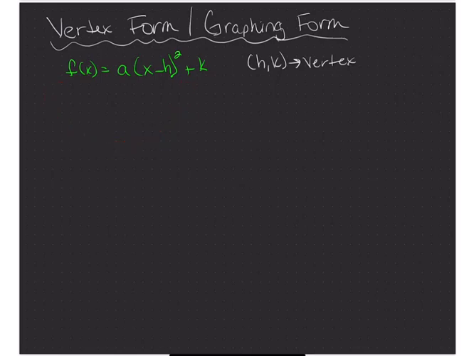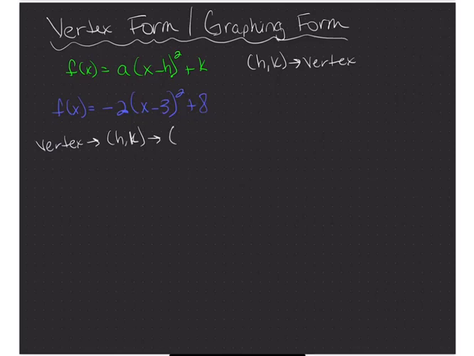So let's just jump into a little example. Let's say we had f of x equals negative 2 times x minus 3 squared plus 8. The first thing we want to find is our vertex. So our vertex is that (h, k) in our function.